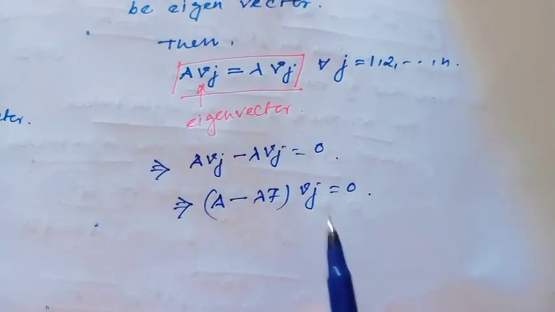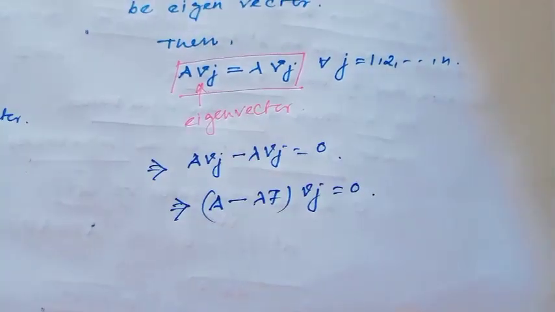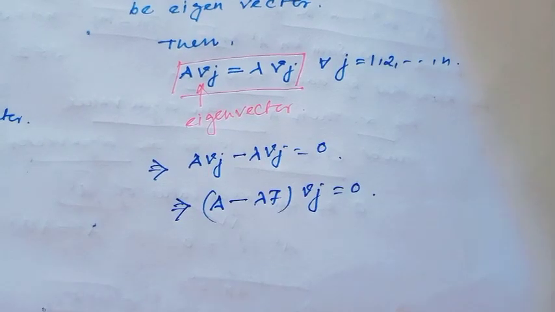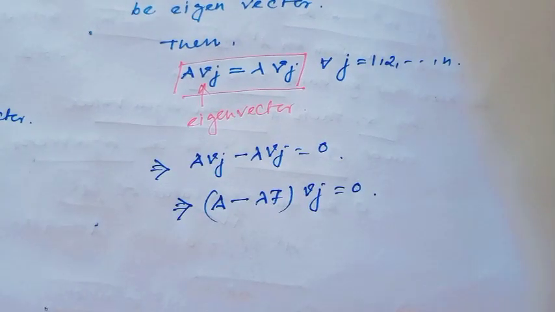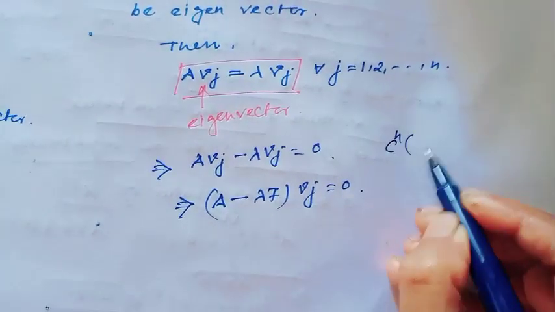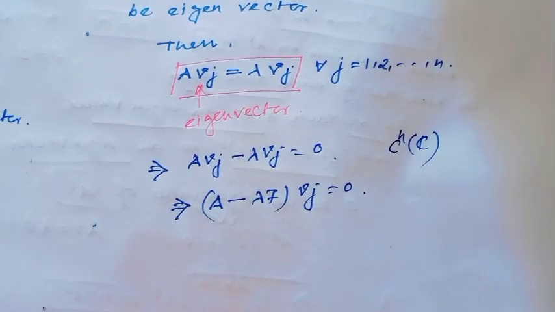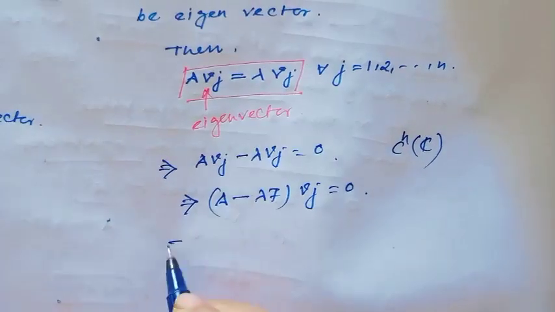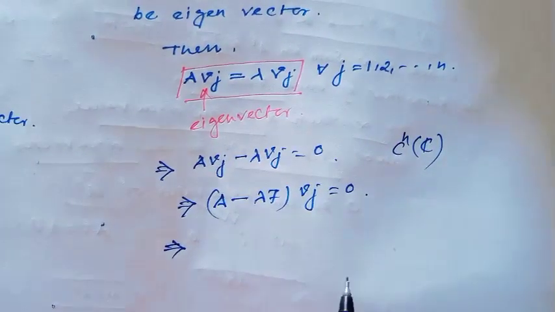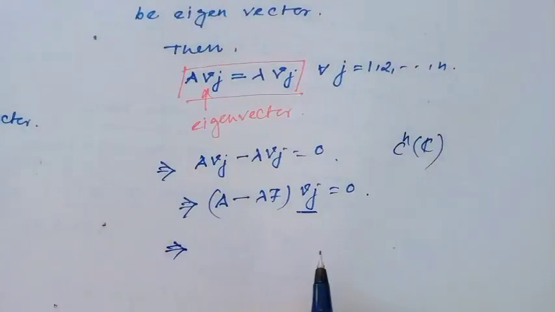Since these vectors are eigenvectors, obviously they form a basis of C^n over the field C. So every vector can be written as a linear combination of the Vj.